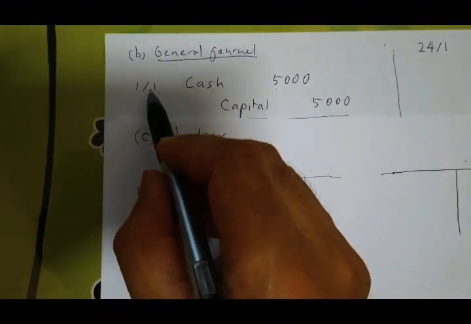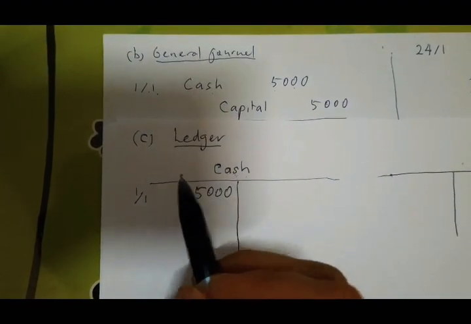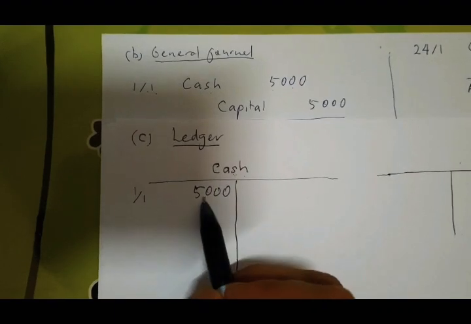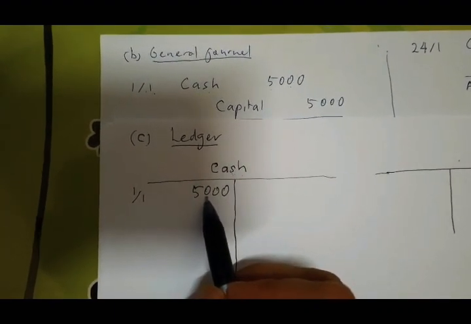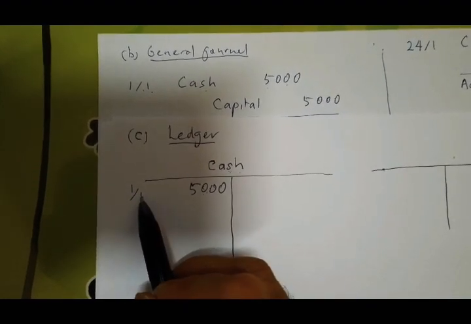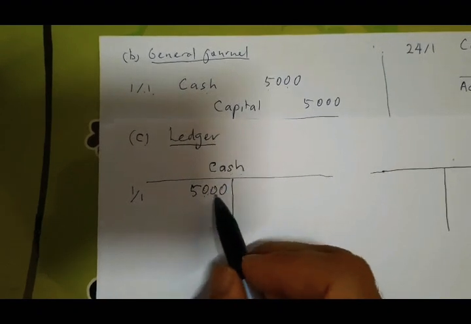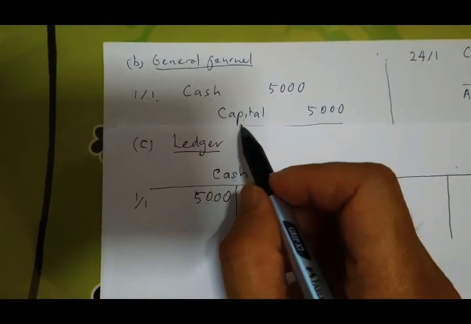Debit means record in the left side of the account. Debit account cash 5,000 at the 1st of January, refer to account capital.